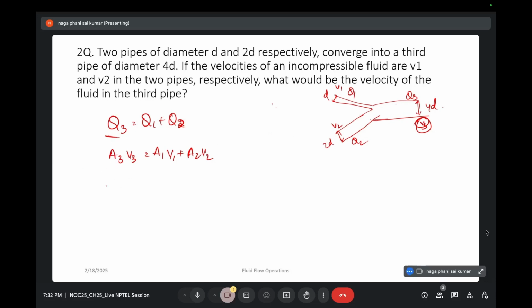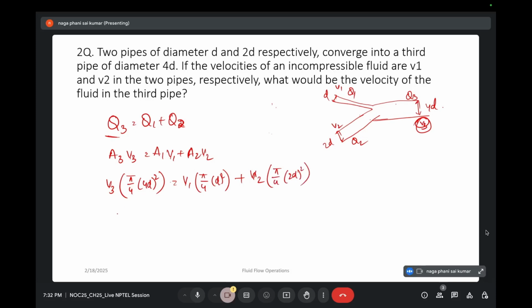For A3, it will be V3 into A3. What is A3? Pi by 4 into d square, where d is 4D, so 4D whole square. That will be equal to V1 times the area A1, what is the value of A1? Pi by 4 into D square, plus V2 into pi by 4 into 2D whole square, right?